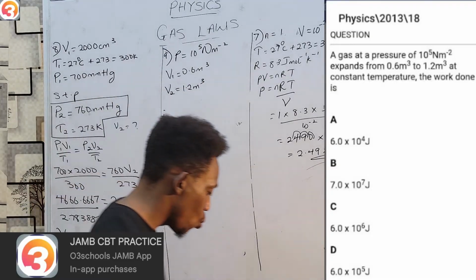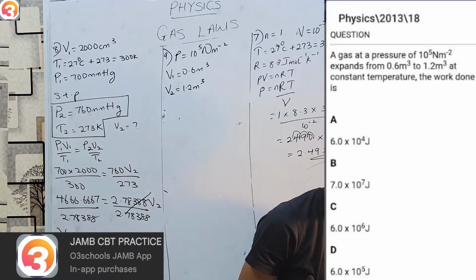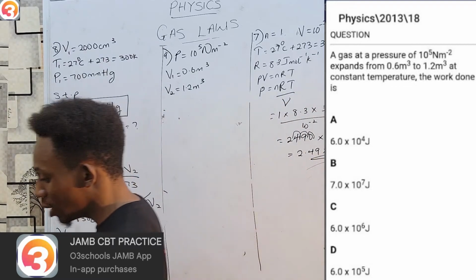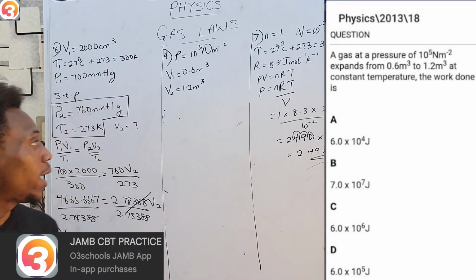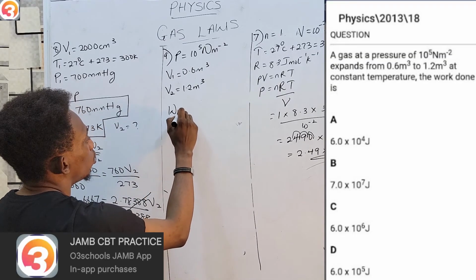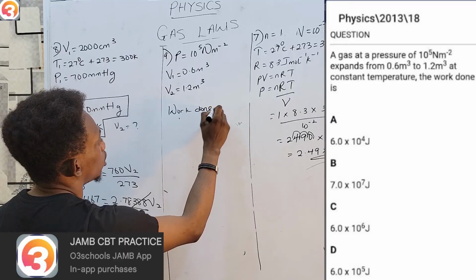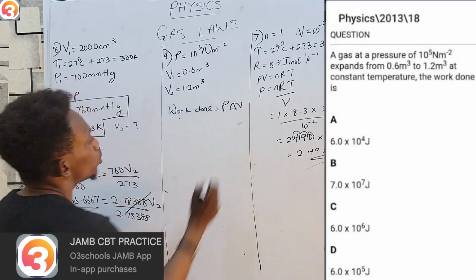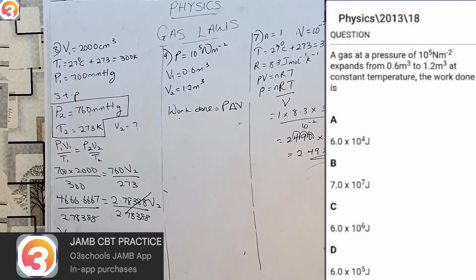We have to find the work done. Now, if you recall, work done is a statement of Boyle's law, and I believe I stated it clearly: work done is equal to pressure times the change in volume.